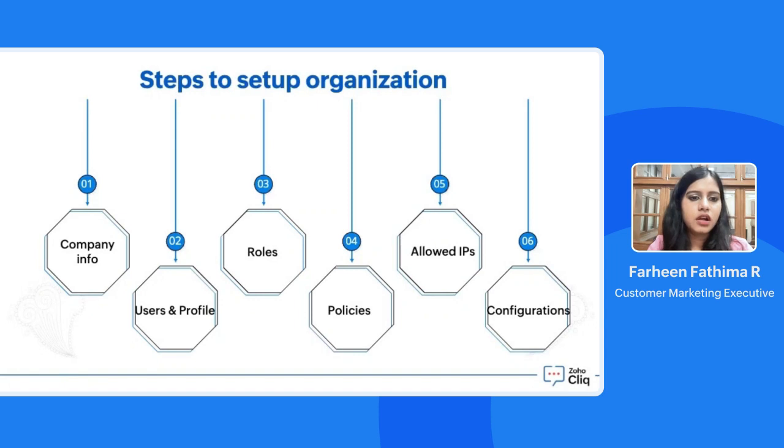First, we'll look into how you can add address and other information. Then later on, you can add users, teams, departments, and designations. You can also create a profile for each user. You can also set access control and permissions based on roles, and then you can also govern user behavior by using general policies and also enable multi-factor authentication for security purposes.